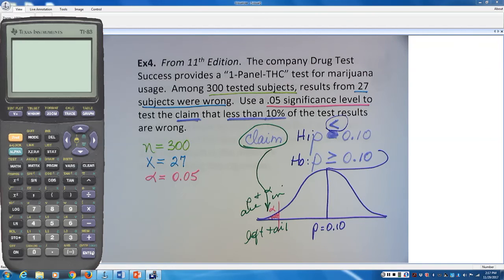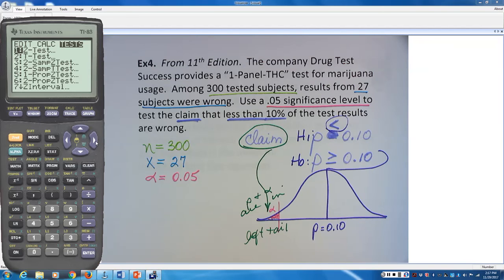Now what our calculator is going to show us is whether our p-value is less than alpha, or more than alpha in a larger area. So we're going to go to the calculator, go to stat, and go to the test menu. Because this is not a test for a mean, which test do we need?